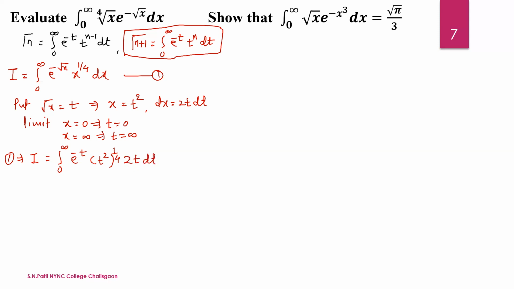Here 2 is a constant term, so it can be written as 2 times the integral from 0 to infinity of e to the power minus t. And here we apply the property of indices: a raised to m, raised to n, can be written as a raised to mn.